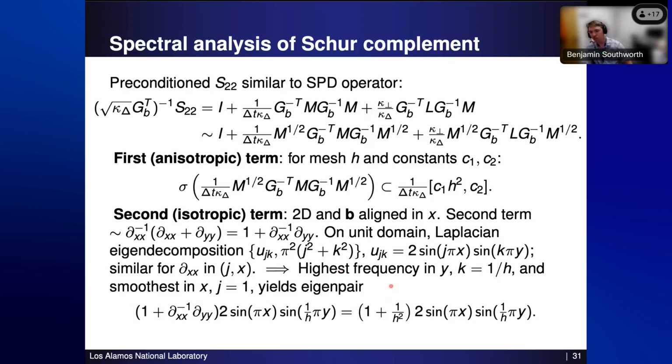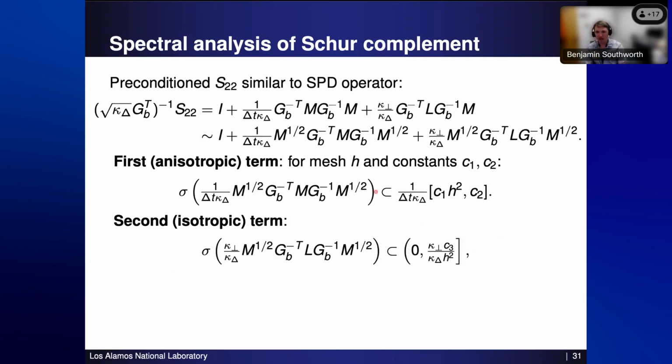And so this is the really tricky part about anisotropic diffusion. We have these really large eigenvalues that are really smooth in one direction. And they're hard to represent on a coarse grid, but they're also smooth and they're not well attenuated often by relaxation. And so altogether, we can approximate the spectral bound on the second operator as within 0, and then k perp over k delta over h squared.